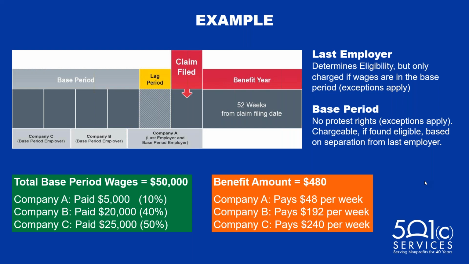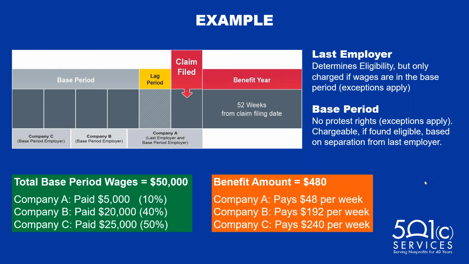Company B in this example paid $20,000 or 40% of the total base period wages, and so they would pay 40% of the benefits or $192 per week. And company C paid $25,000 or 50% of the wages, and so they would be responsible for 50% of the benefits, or $240 a week.